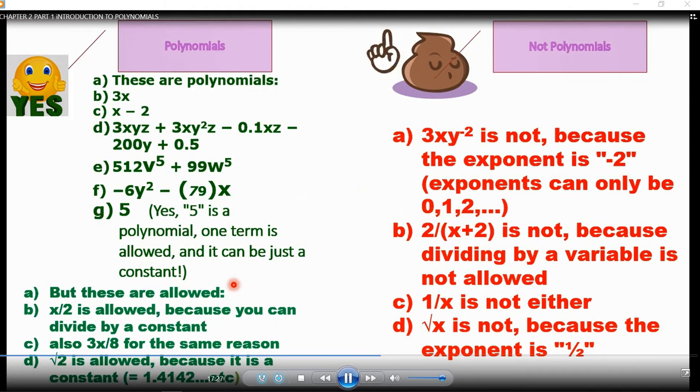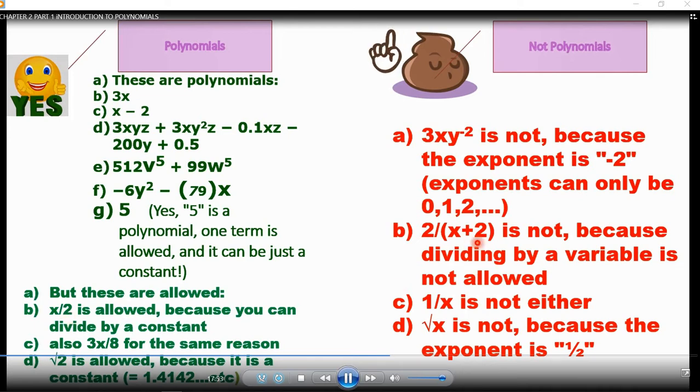Now here, x upon 2 is allowed because you can divide by a constant. If you are dividing the polynomial by a constant, then it is allowed, because in the denominator the variable is not there, only a number is there.